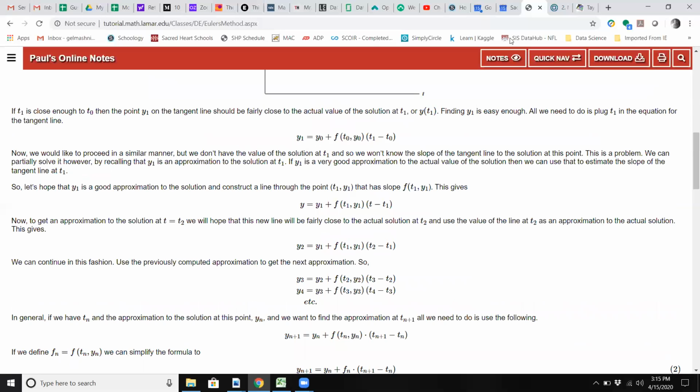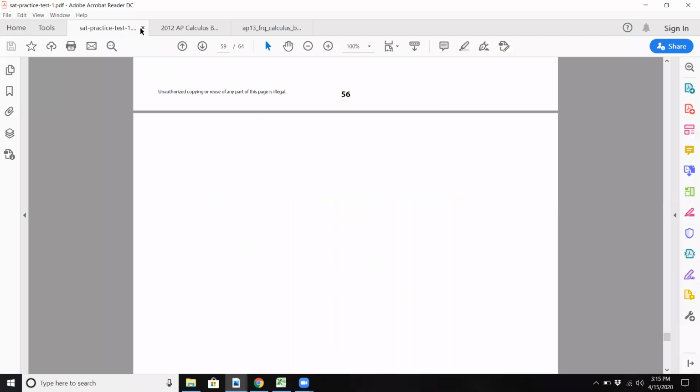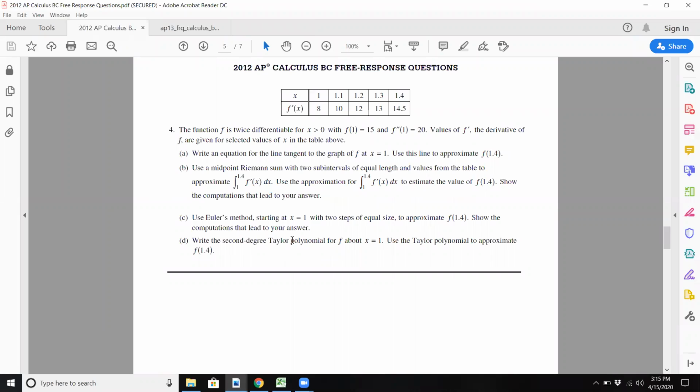So if we look at this problem here, they asked us to use those methods starting at x equals 1 on 2 steps of equal size. So we're going from 1 to 1.4.